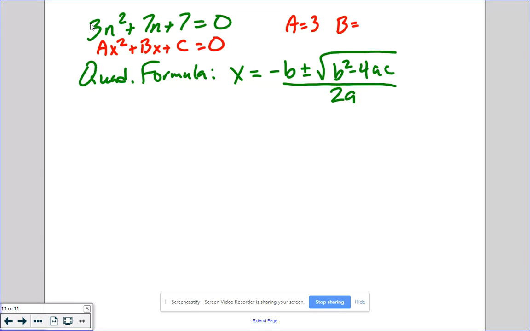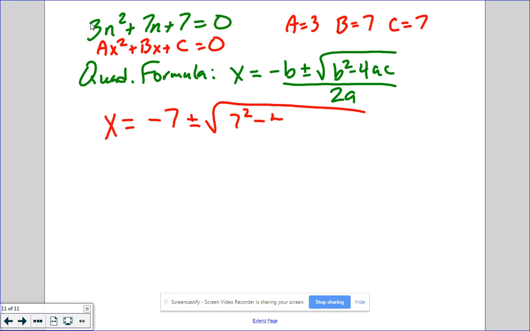What's B? 7. And C? 7. Okay? Once you have that, you just plug into the formula. So opposite of B, negative 7, plus and minus the square root of 7 squared minus 4 times 3 times 7, and that whole thing is over 2 times 3.